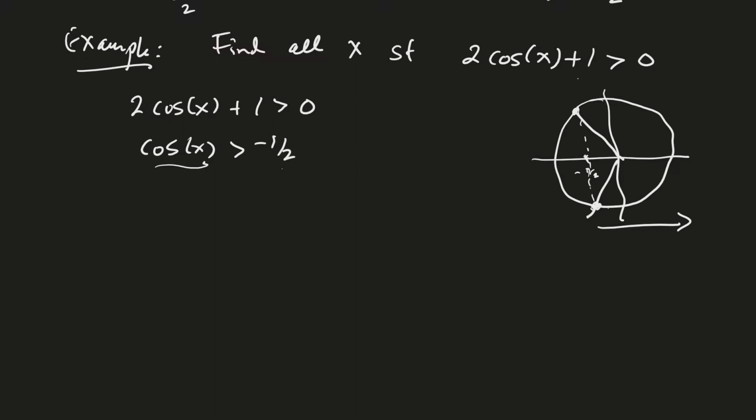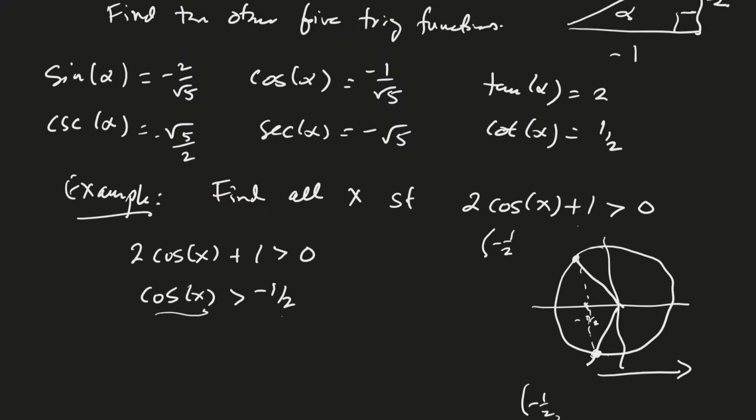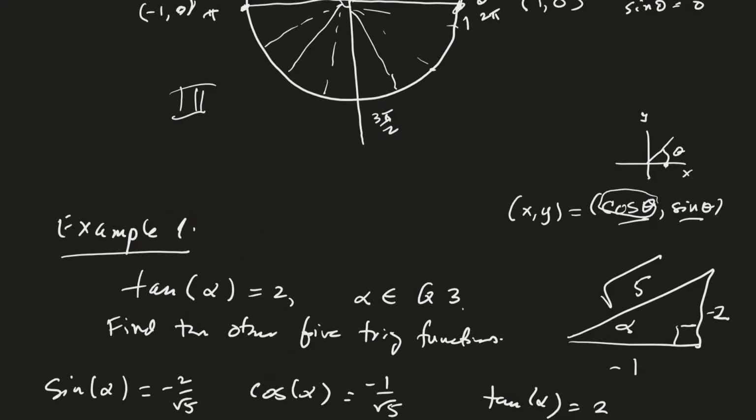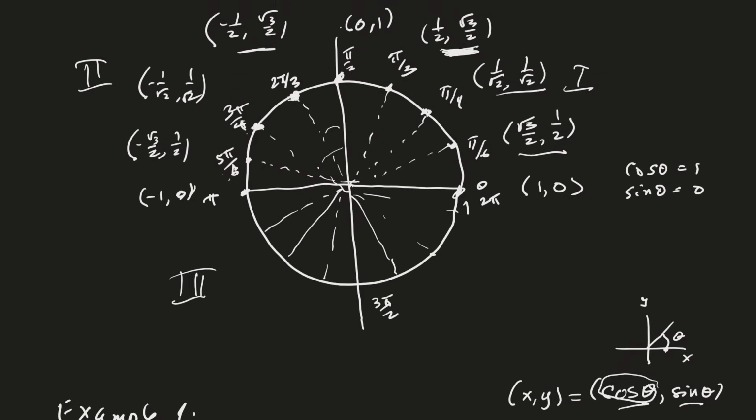Now, what are those values? Well, this is where we would need to remember our unit circle, because if we're at -1/2, can we fill in the y-coordinate? I think we can. I think it's square root of 3 over 2 and minus the square root of 3 over 2, and that's 2 pi over 3.